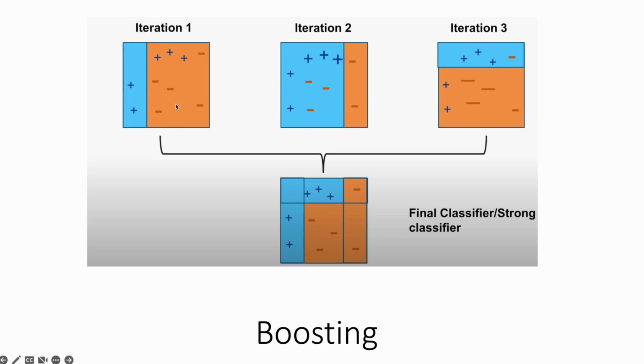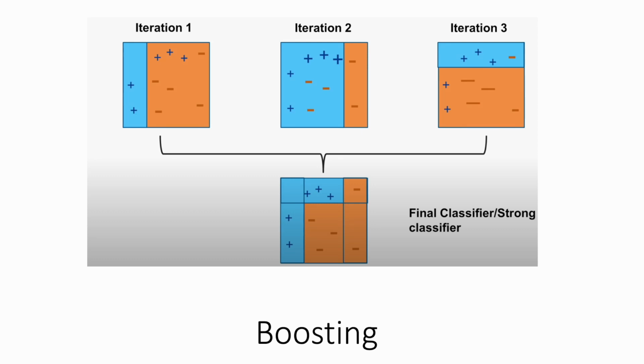So although these were weak classifiers, individually, model 1, model 2 and model 3 are weak classifiers, right? They didn't do a very good job at prediction. But when I did an additive or weighted sum of that, the final classifier turned out to be a strong classifier with good predictive power, right? At least on the training data. We can see on the training data that it is performing very well, right?